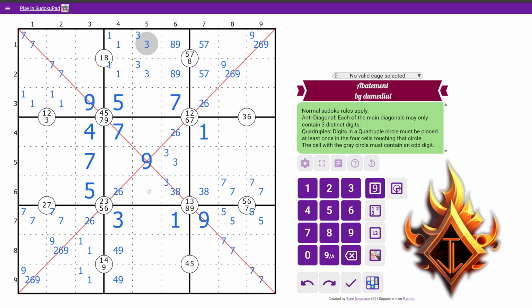And then the 1 has to go here. So the 1 will go in one of these.